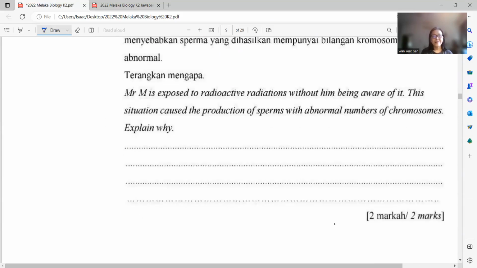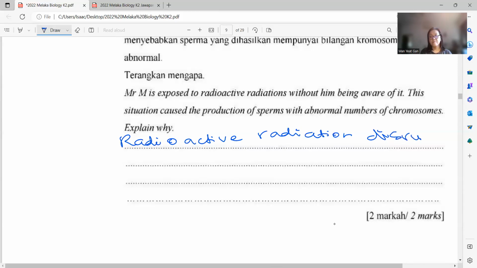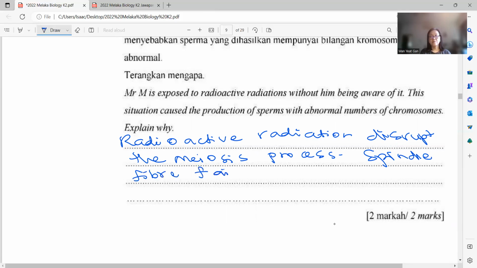So explain why. The radioactive radiation disrupts the meiosis process. So probably the spindle fibers fail to function during anaphase 1.